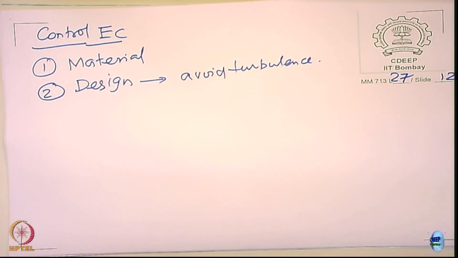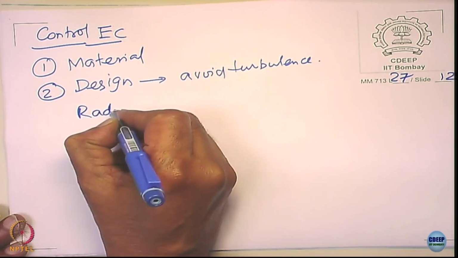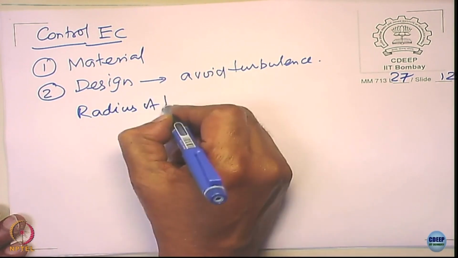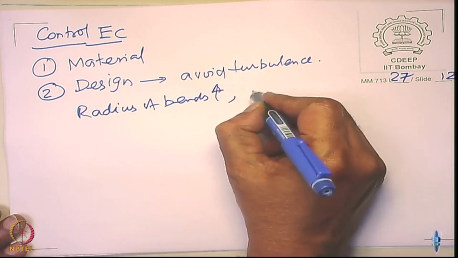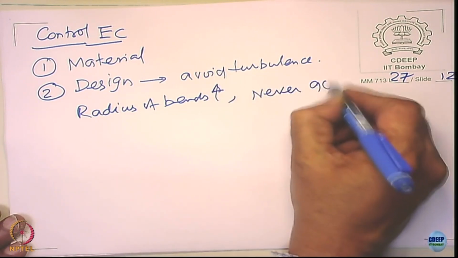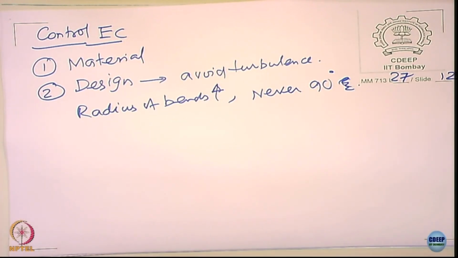All this involves, like you talked about, the radius of bends to be increased, and never 90 degrees. That will give a big impact. In fact, people talk about 20 to 30 degrees, the angle between the turns. Okay.